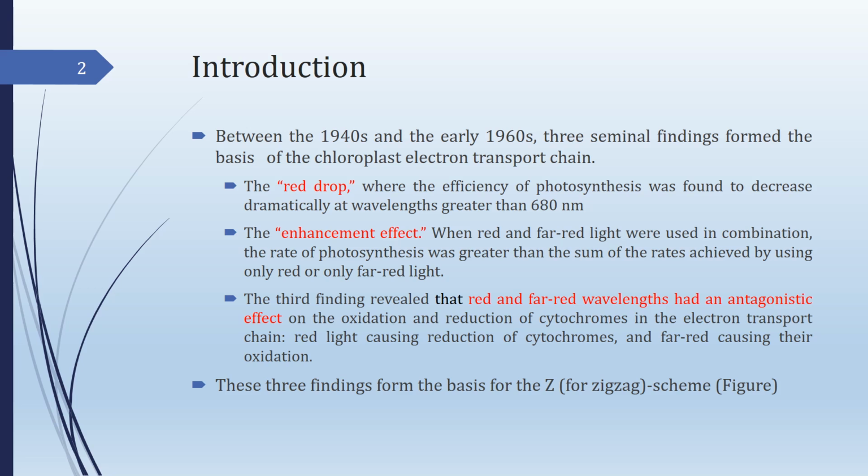Photosystem 1, with its longer wavelength reaction center, P700, is more efficient in far-red light. Photosystem 2, however, operates more efficiently in red light because of its relatively shorter wavelength reaction center, P680. For photosynthesis to occur with optimal efficiency, the two photosystems must cooperate.